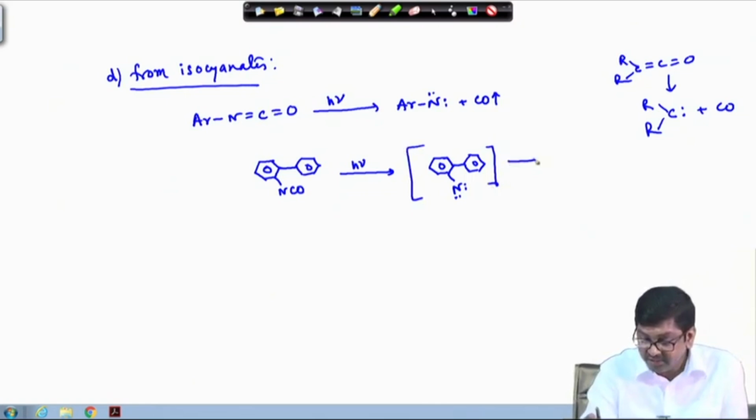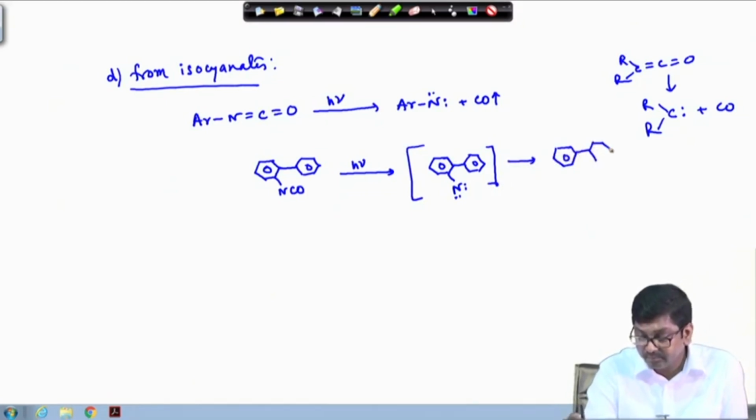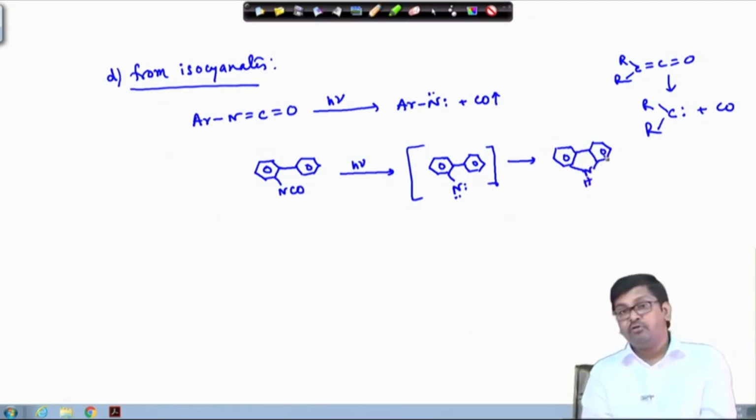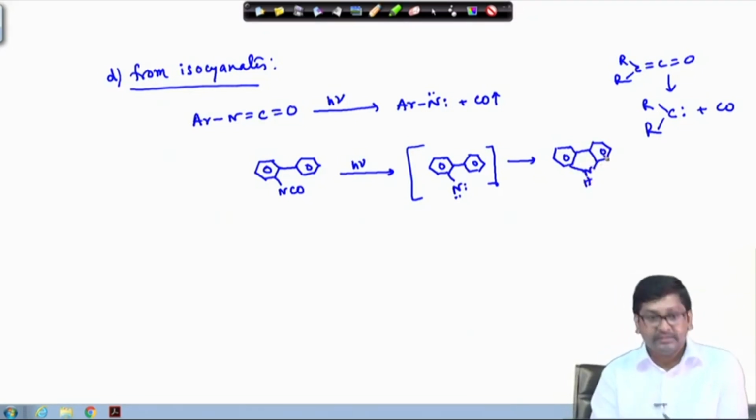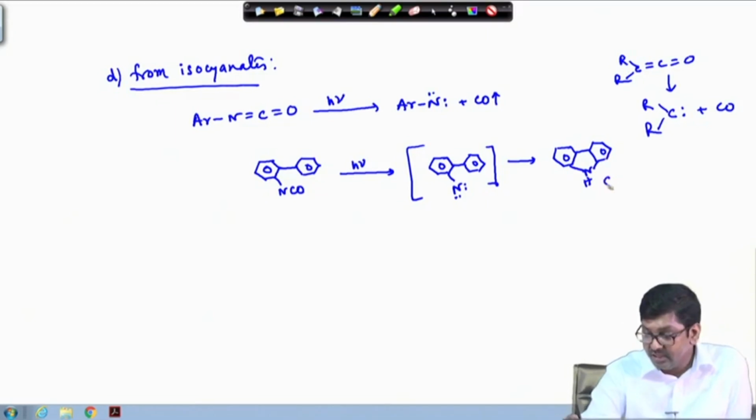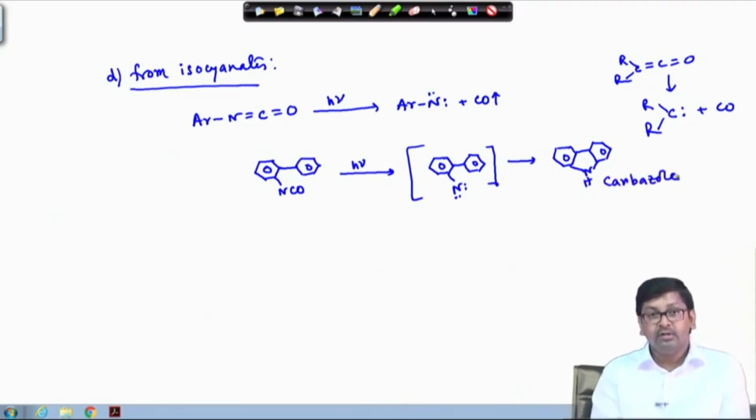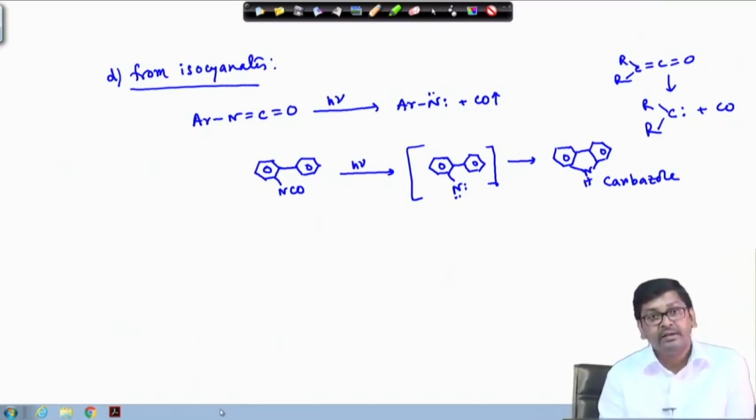So, this has generated one very important nitrogen containing heterocycle, that is called carbazole. So, this is the carbazole moiety that can be generated from these isocyanate precursors under the photochemical irradiation.